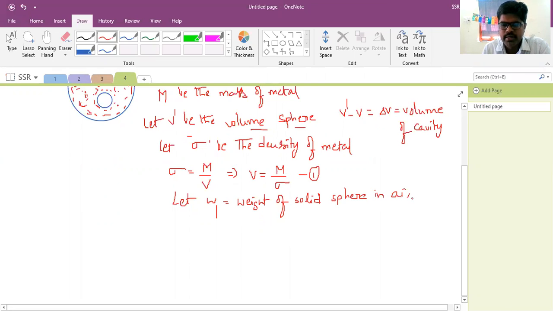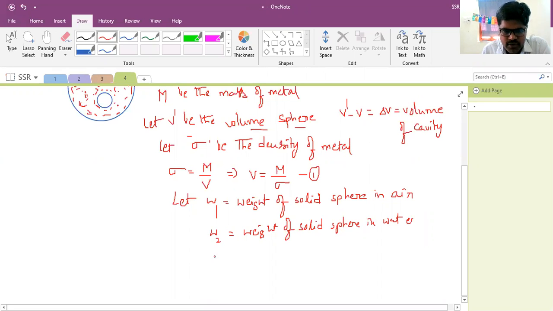Then if it is kept in water, let W2 be the weight of the solid sphere in water. Are you clear on this? W1 and W2 weights you can calculate simply.